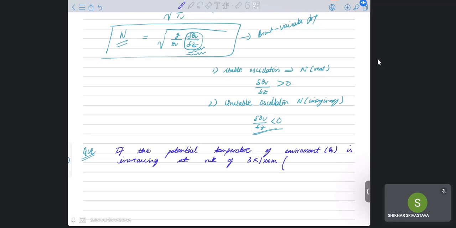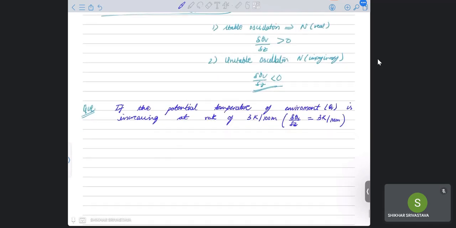So this is basically what? This is basically your del theta V upon del Z. The rate at which your potential temperature is increasing with height is given as 3 Kelvin per 100 meter. Okay. And the potential temperature of environment, that theta V, is given to be 20 degrees centigrade.